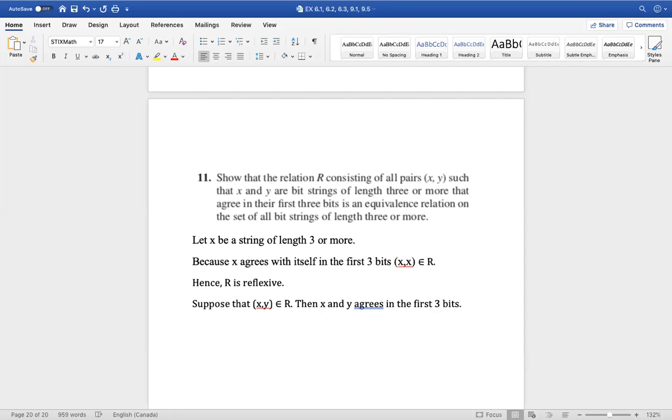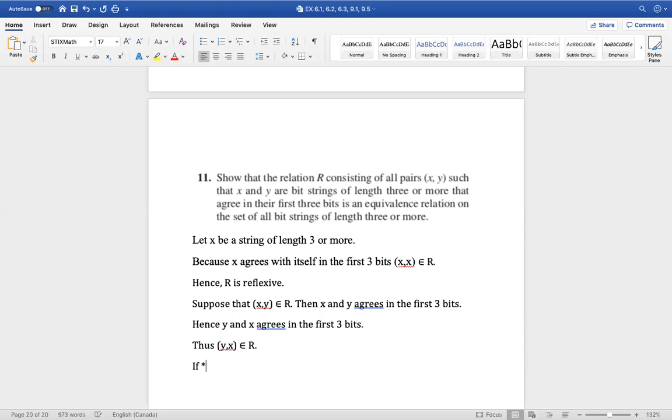Hence y and x agree in the first three bits as well. Thus (y, x) also belongs to R.